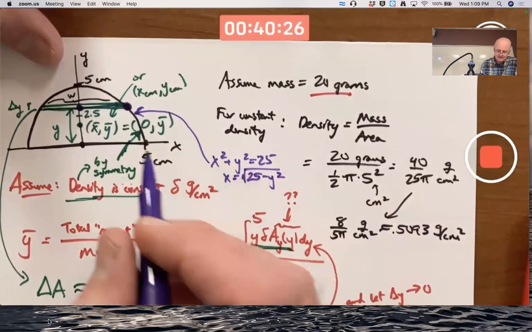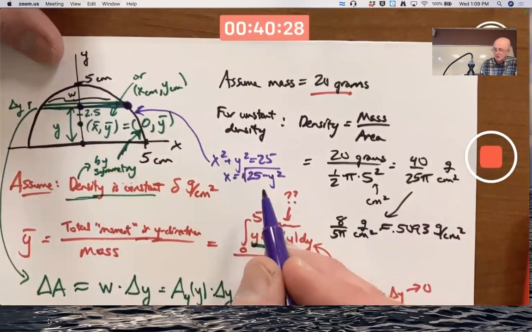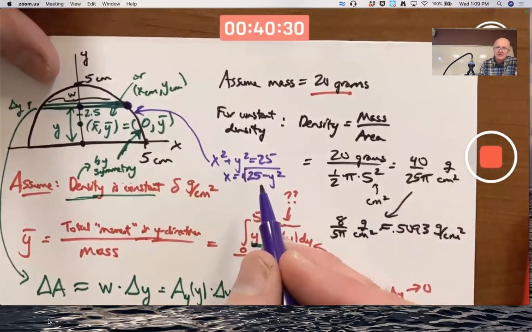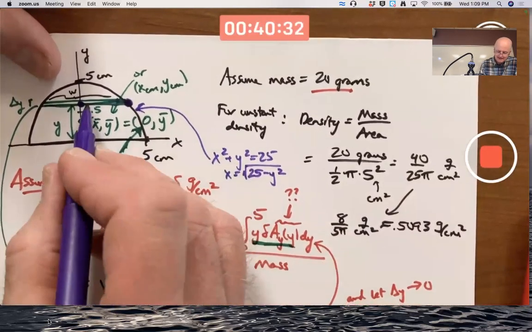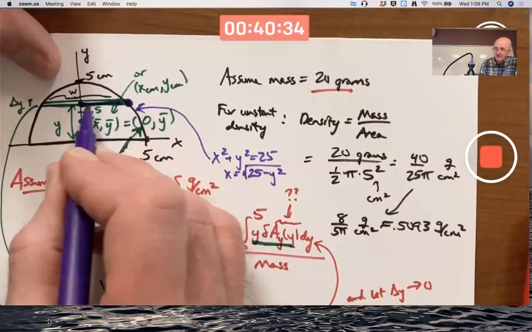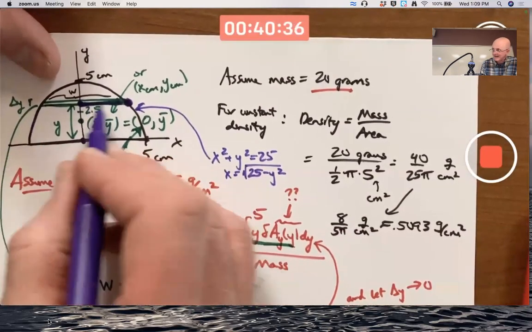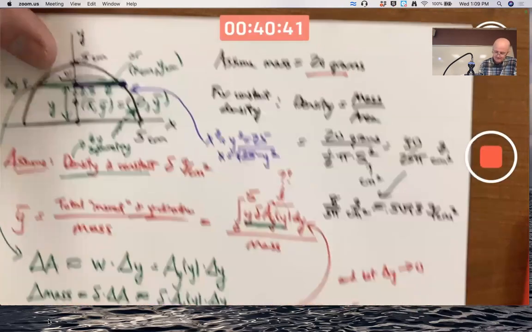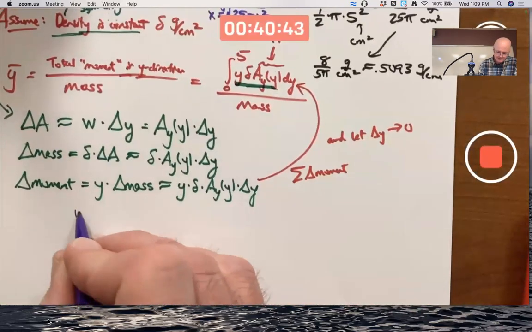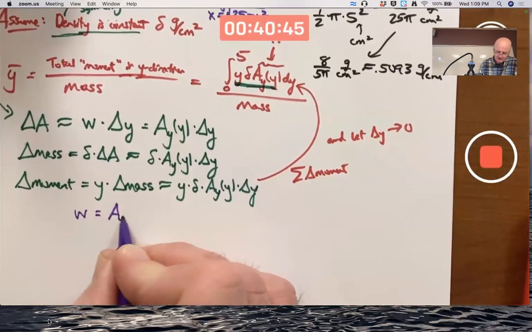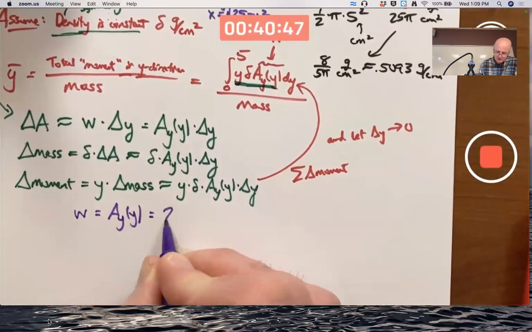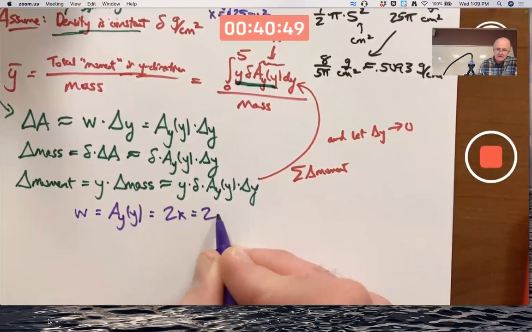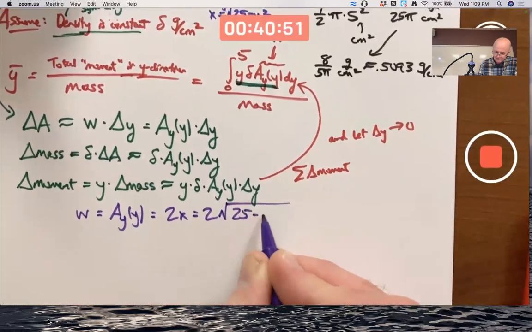That's not w. I need to multiply that by 2. Right? X is this distance right there. W is the entire length of the rectangle, the width. W, which is a sub y of y, is 2x, but x is square root of 25 minus y squared.